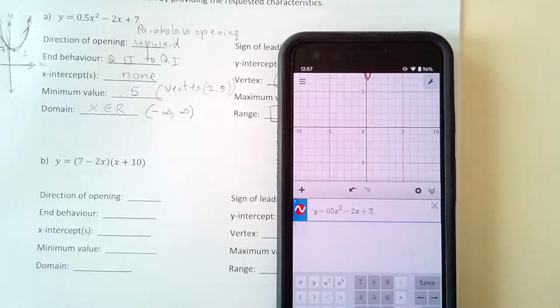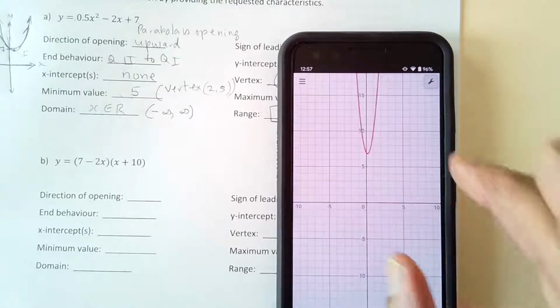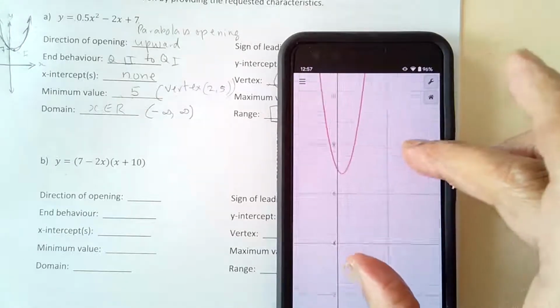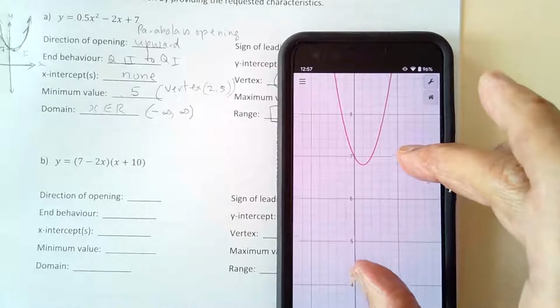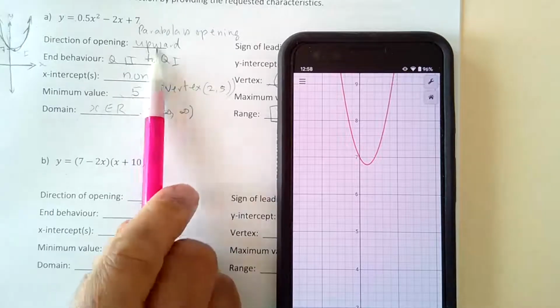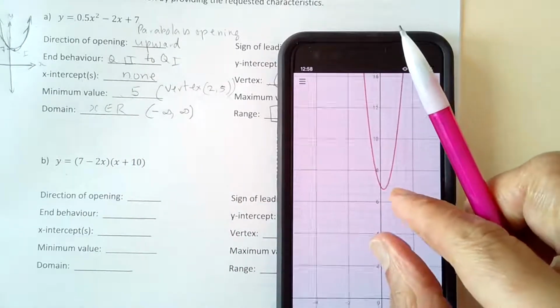Okay, so there is your graph, but it seems to be way out of your view or your window. So what you want to do is touch this, and now there you can see your graph. Now you can pinch these and zoom in and zoom out. Now to find your vertex, well, now we can look at directions, going up, quadrant 2, oops, back here.